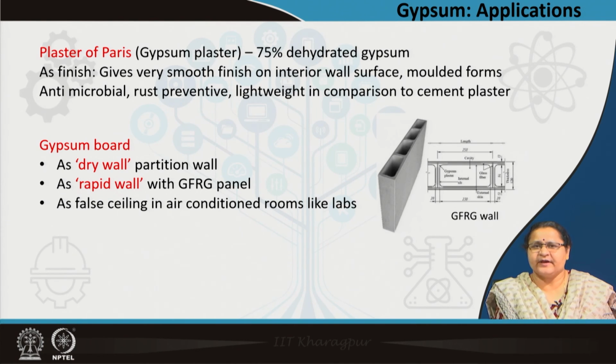This is glass fiber reinforced gypsum. So, this is again a rapid wall construction system where the external wall can have gypsum as one of the components. It can be used as false ceiling in air conditioned rooms like computer labs, some chemical laboratories, etc.